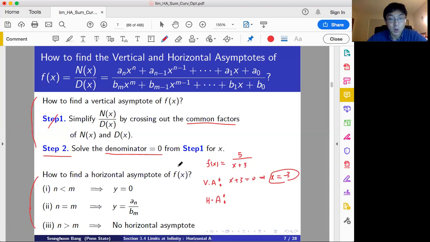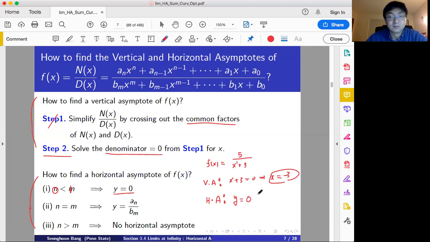What's the top power? We don't have any power, only 5. What does it mean? The top power is 0. The bottom power is x to the 1. M is 1. We have y equal to 0. That's it. You're right.